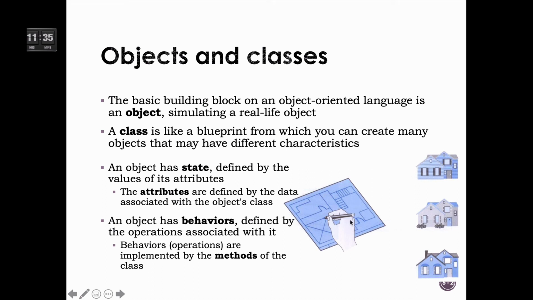So here is the blueprint one might have created about the house. And then based on this blueprint, making some changes, you could have this house with this kind of shingles in the front, or you could have this house, or you could have the other house.